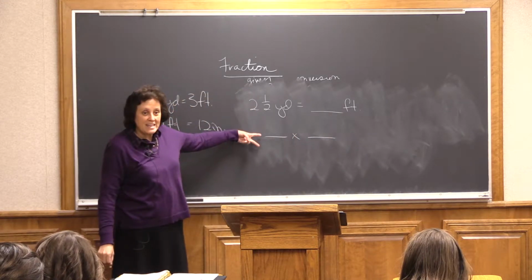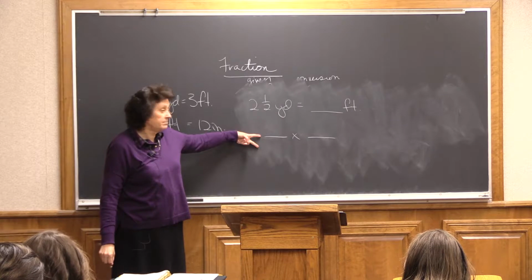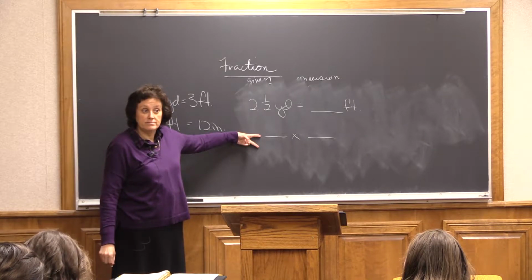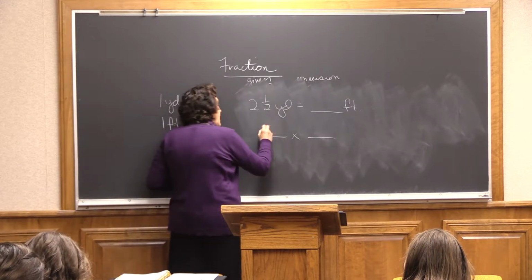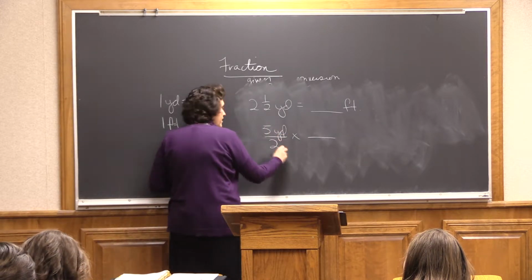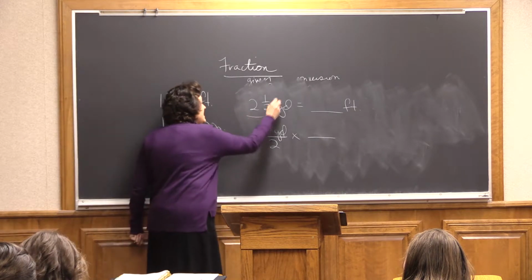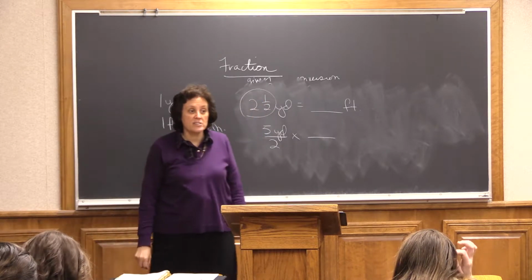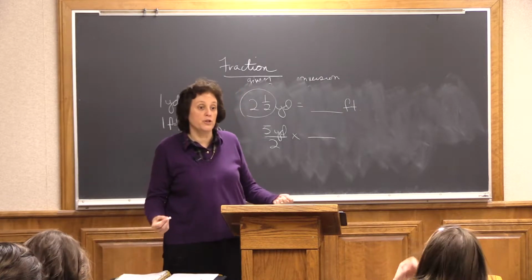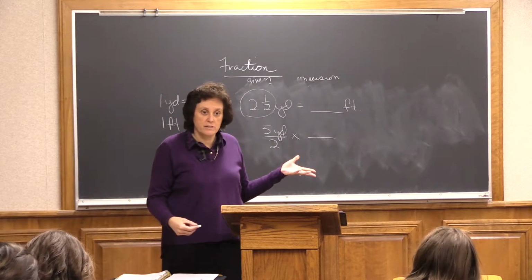What goes in my given fraction? 5 halves. 5 halves yards. 5 yards over 2. Just like any time I'm multiplying fractions, I change my mixed numbers to improper fractions.